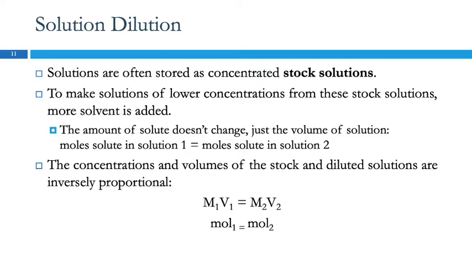So we can dilute the solution, and the math actually is much easier than trying to make a specific volume starting with a mass, because here we don't have to do any molar mass conversions. So we take some of the concentrated solution and we add more solvent. This is like taking that frozen orange juice, which, really, in this area, you should be drinking fresh orange juice, but whatever.